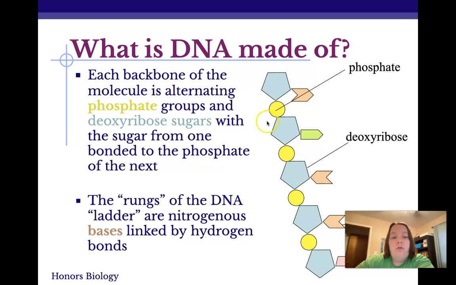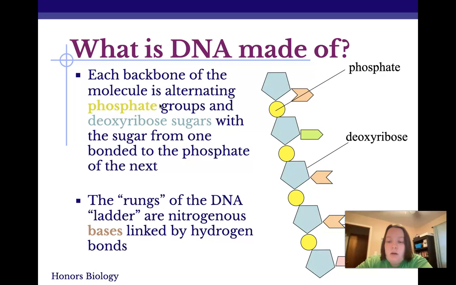So the backbone of DNA is made up of alternating phosphates and sugars. The backbone, or the sides, of DNA are made up of deoxyribose sugars and phosphates. The backbone is often called the sugar phosphate backbone because the sides are made up of sugar and phosphate.